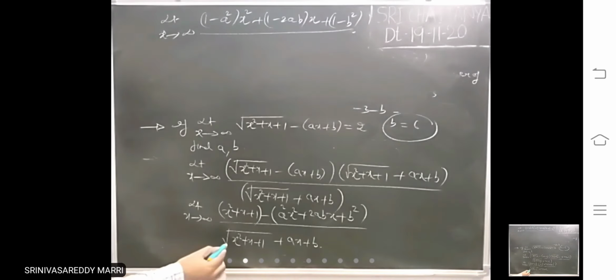But the limit is given as a finite non-zero value, 2. If a is minus 1, this limit will become infinite. Therefore this is ruled out. A cannot be minus 1. So what is the answer? A equal to 1, b equal to minus 3 by 2.